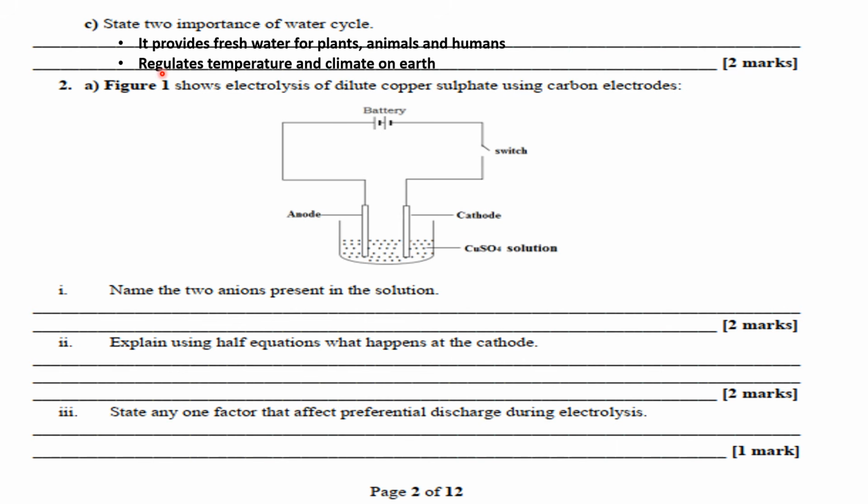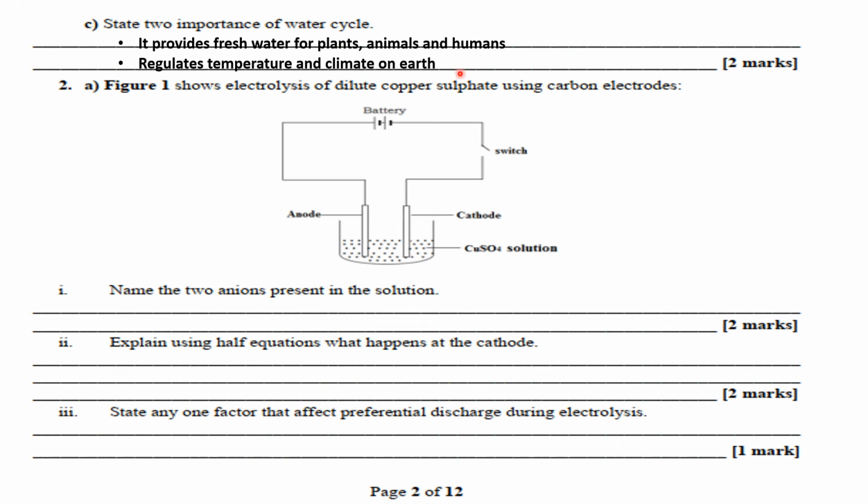But other than that, it also regulates temperature. Remember that water is a good coolant, meaning that it cools the earth when rain falls, thereby maintaining suitable temperatures for humans, animals, and plants. But it also helps to regulate climate.